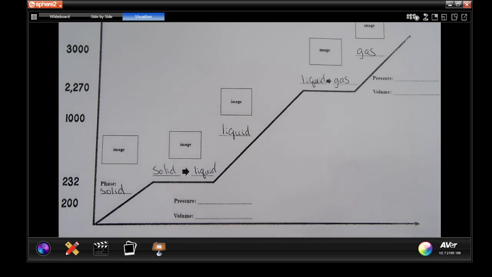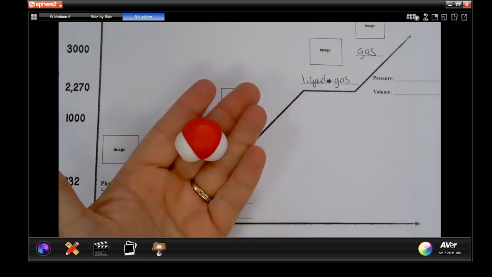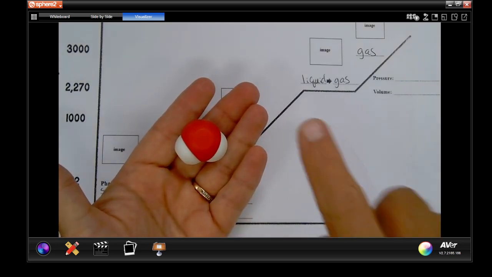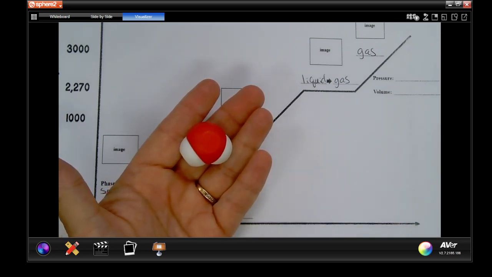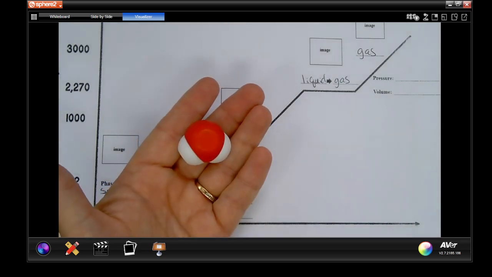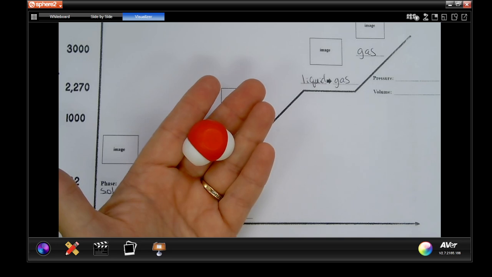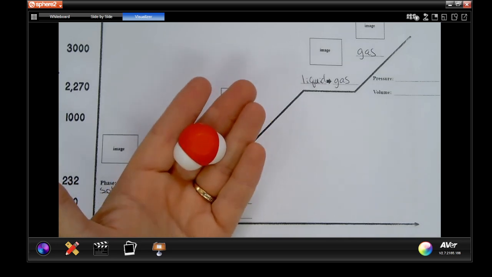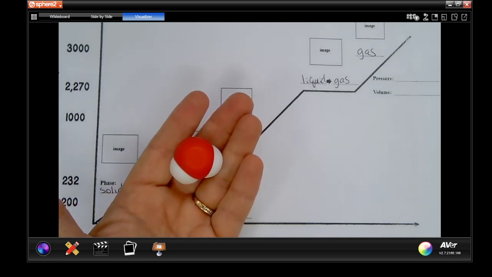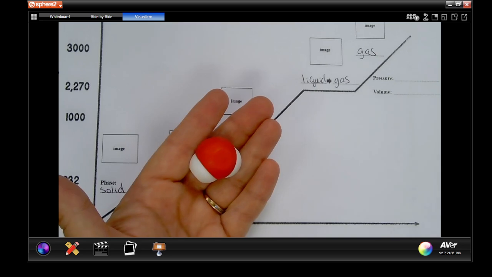So this right here is a molecule of water, okay? It's just a model. You all know it's H2O, right? 2 hydrogen, 1 oxygen. This is a molecule of water, 1. Intermolecular forces is kind of like an interstate. An interstate, like Interstate 5, goes between states, right?